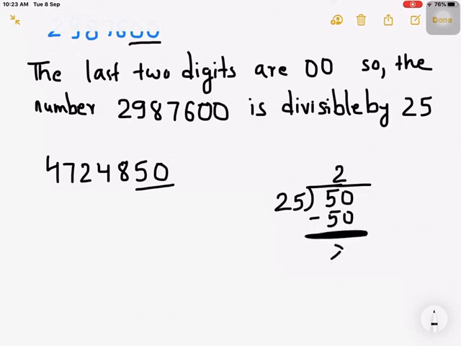Here it is divisible by 25. Yes, the last two digits 50 are divisible by 25, so the number 4724850 is divisible by 25. Yes, we can write it in this way.